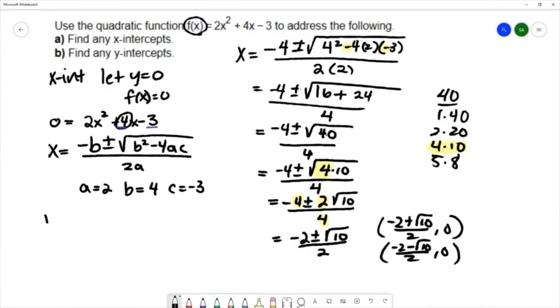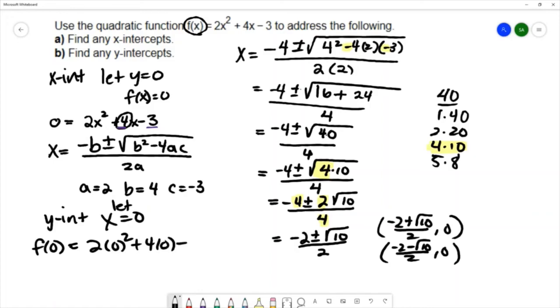To find a y-intercept, you let x equal 0. I'm going to substitute a 0 in for x. It's 2 times 0 squared plus 4 times 0 minus 3, which is negative 3. So I have a y-intercept at 0, negative 3.